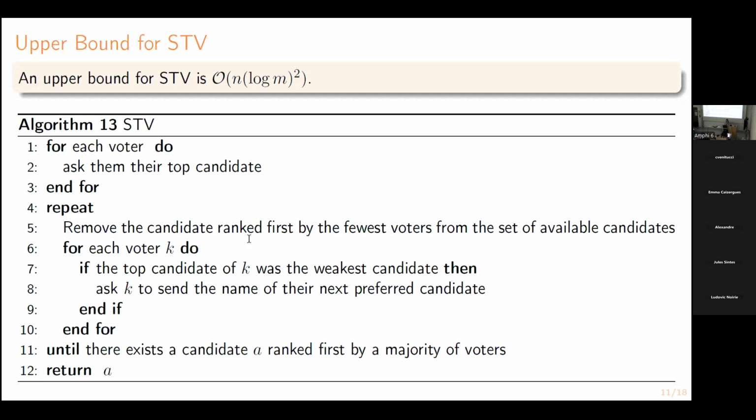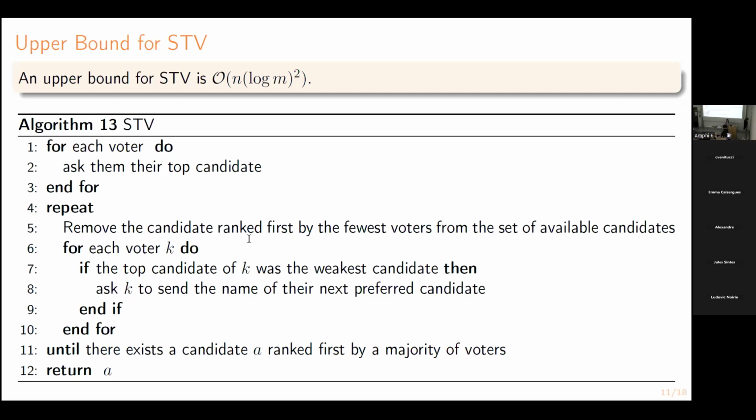And this number of people is at most n divided by m. At the first step you have m candidates, and you know that, for example, candidate C has been eliminated. So you know that C has not more than n over m of the votes, because otherwise it would not be eliminated, since it would be better than the mean, which is not possible.